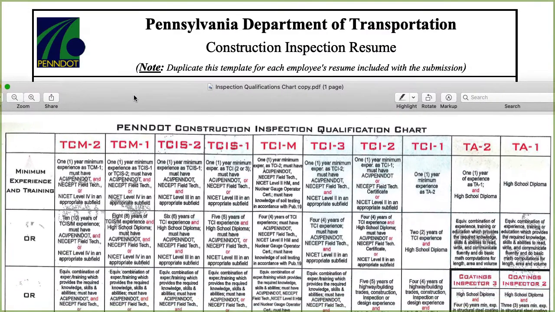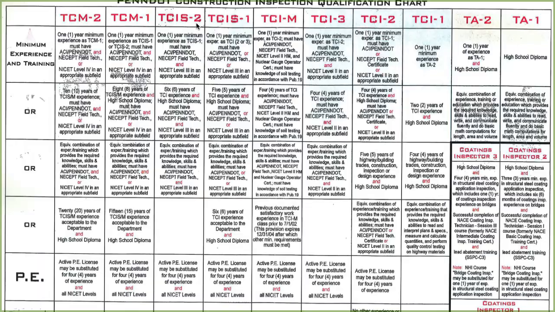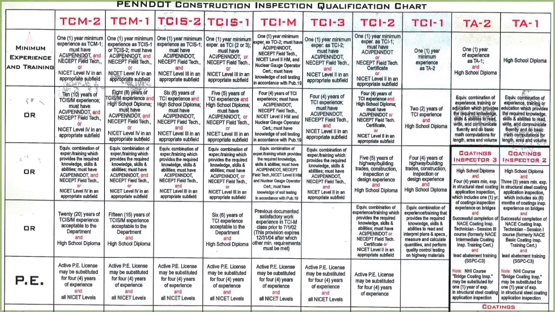If we go back and look at Mark Rogers in that context, we're going for the TCM2, which is one of the highest levels of construction inspection that we're able to do. It requires a 1-year minimum of experience as a TCM1, and you must have an ACI PennDOT certification and a NECEP field technician certification, or a NECEP level 4 certification in the appropriate subfield.